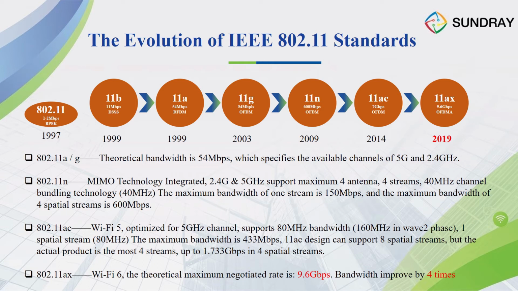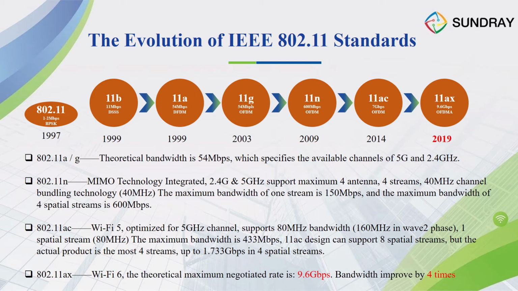You can see this is the theoretical speed, but for 11ac, the most speed we use is 1.733 gigabit on the 5G only. On 5 gigahertz with 4 spatial streams, the speed can be 1.7.